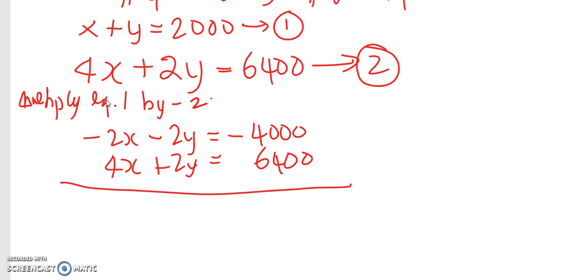If I add these two equations, 4X minus 2X will be 2X. Minus 2Y plus 2Y will be 0, so we don't need to worry about it. 6,400 minus 4,000 will be 2,400. So basically X will be equal to 1,200.